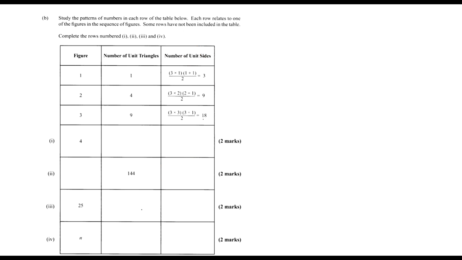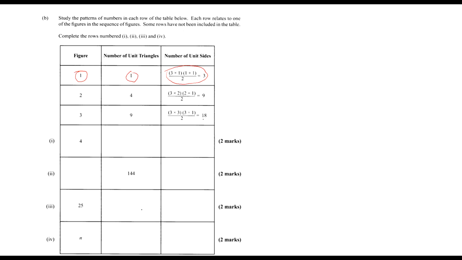Now we come to the fun part that gives many students trouble. Usually you have to recognize a pattern within this diagram or this table. So we have the first figure, figure 1, and they told you the number of unit triangles is 1, and then they tell you the number of unit sides that we have is given by this.